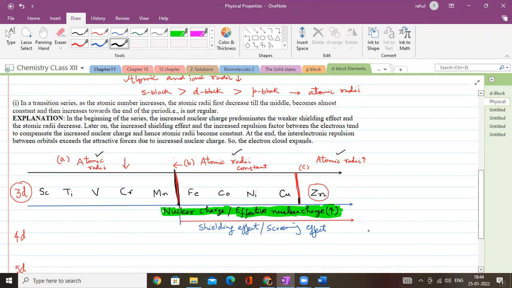The point here is because there is another point which came into the picture, and that actually is after the midway. There is a point which is called shielding effect, screening effect, also called repulsive factor, which came into the picture over here. Now the question is, sir, how is it playing a role?